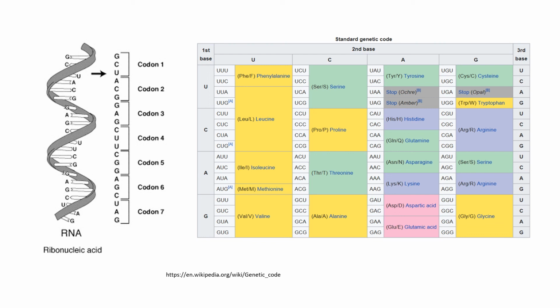If you look a little bit further down in that same column, you see that there are also 4 different words that can specify valine. Now, if you look on the top right of the table, you see that there are only 2 words that will specify cysteine, UGU and UGC.